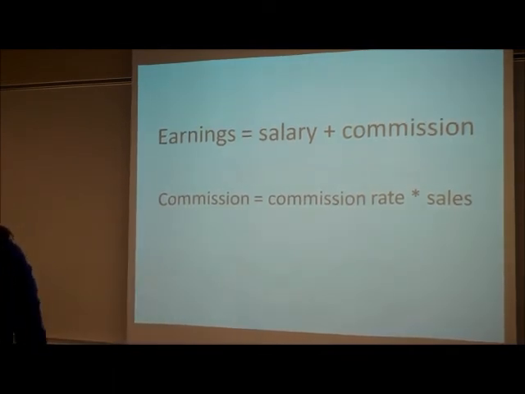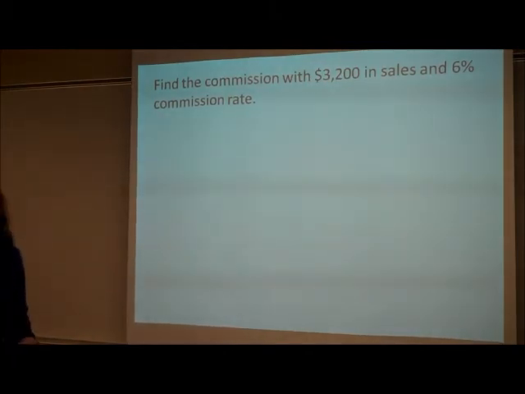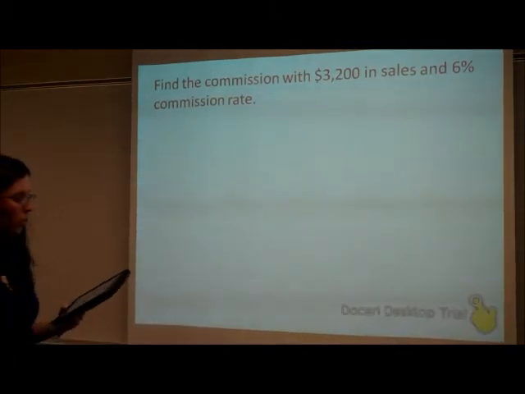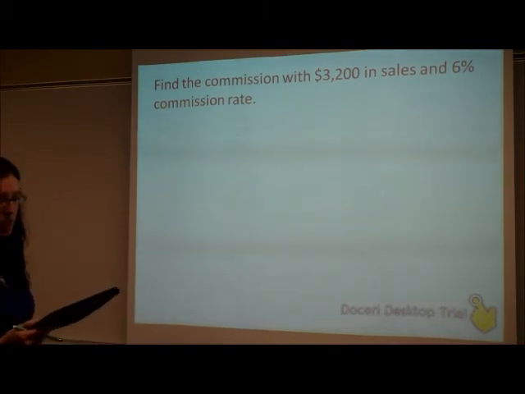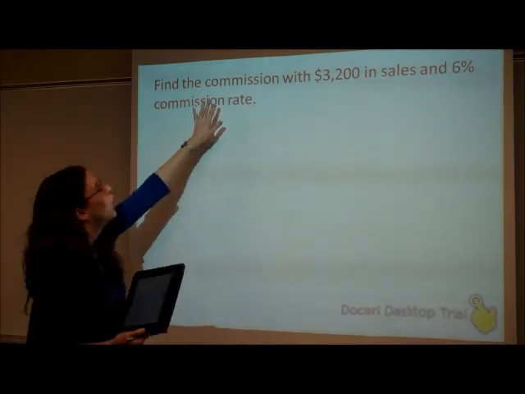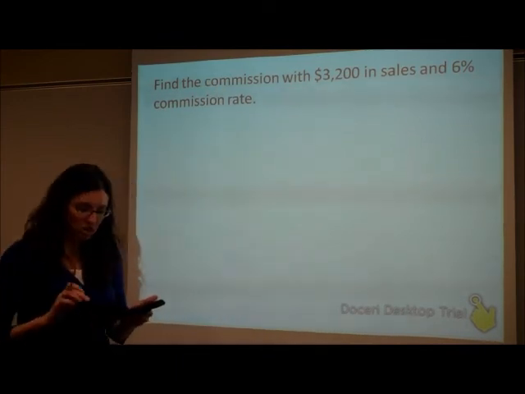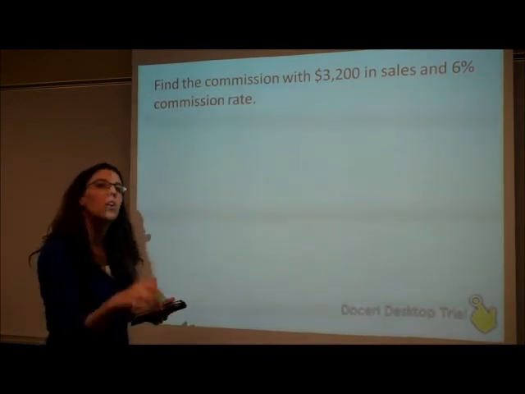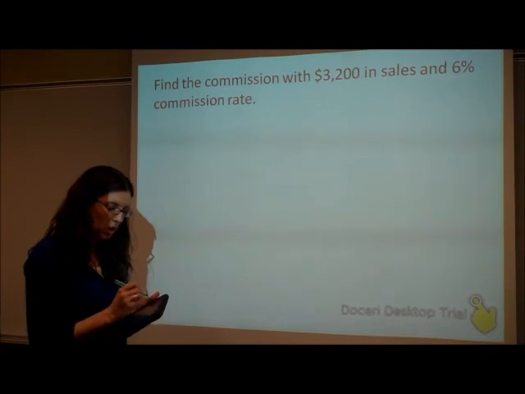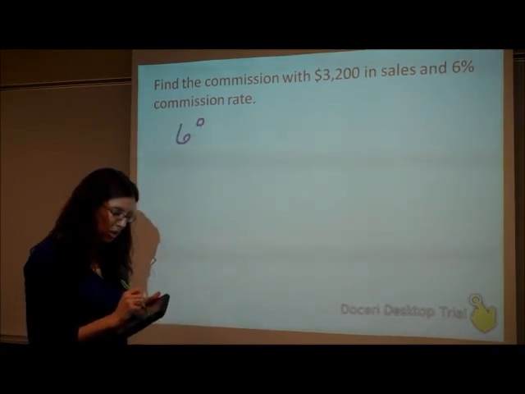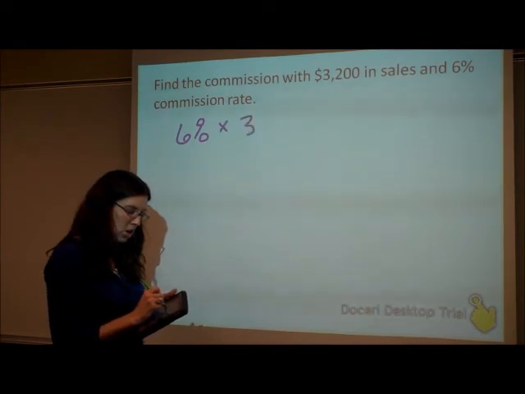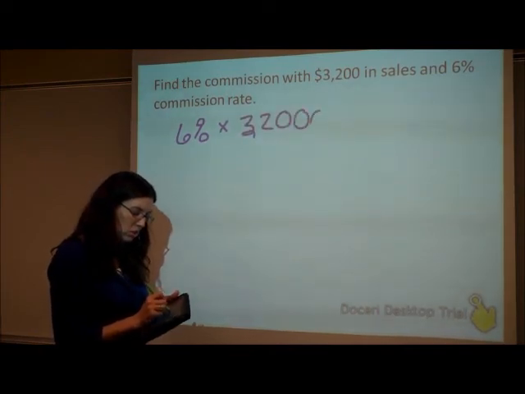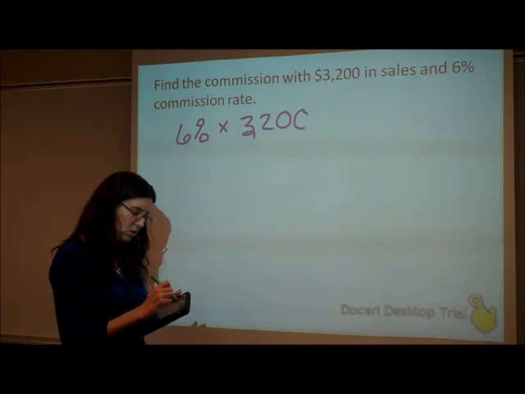Now let's look at a problem. So it says find the commission with $3,200 in sales and a 6% commission rate. Okay, we just want to find the commission. So how much are they earning by selling all of this? Well, the commission is our commission rate times our amount of sales. So in other words, oops, I had one too many zeros.